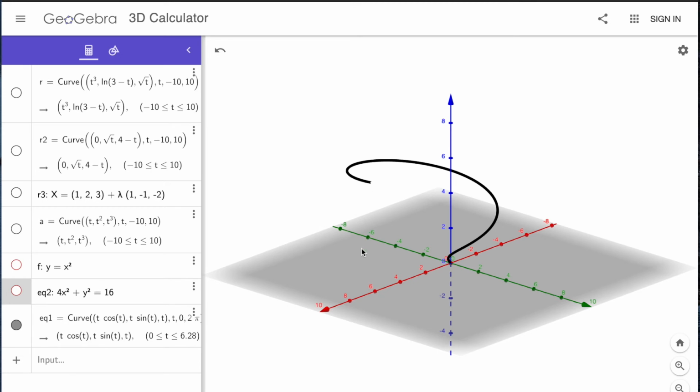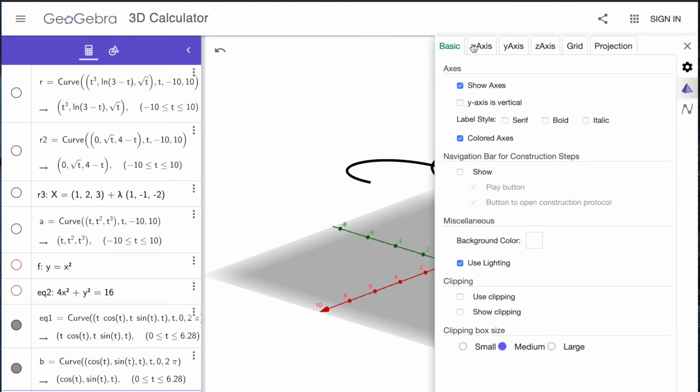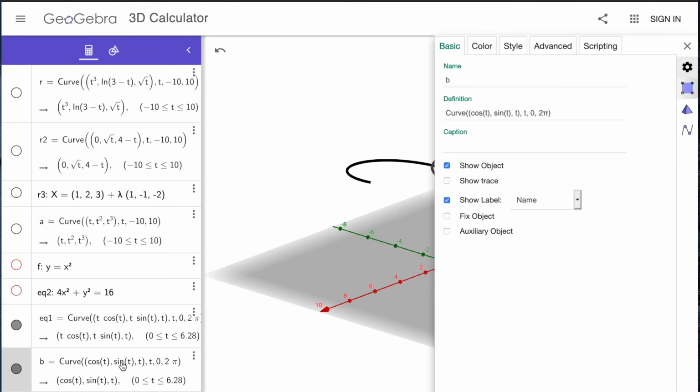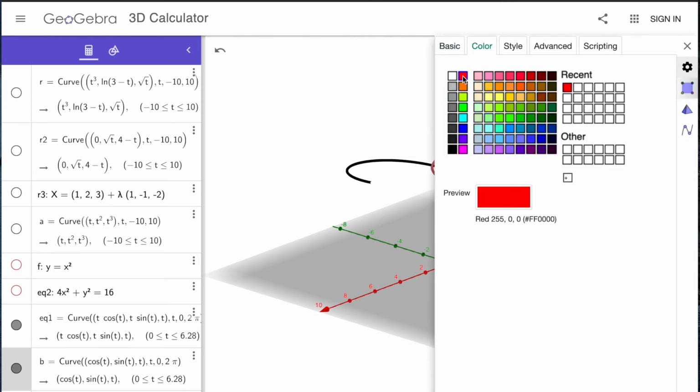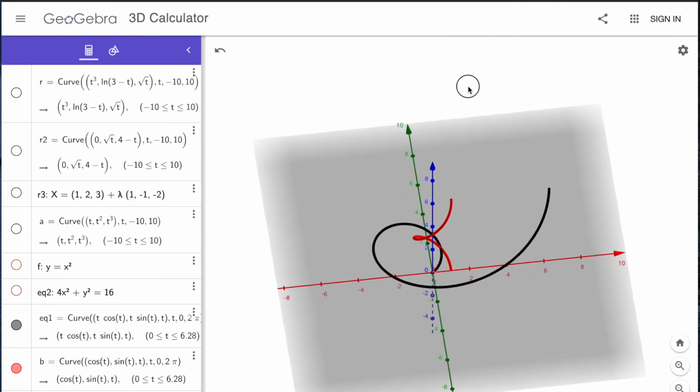In the other spiral, in a helix shape, just for reference, we can maybe compare the two. The helix shape is cosine t, sine t, t. I'm going to give it a different color. All right, so in red is my helix, what a true helix looks like.